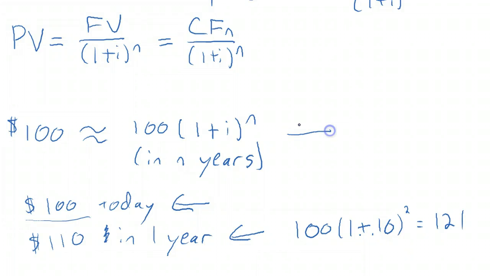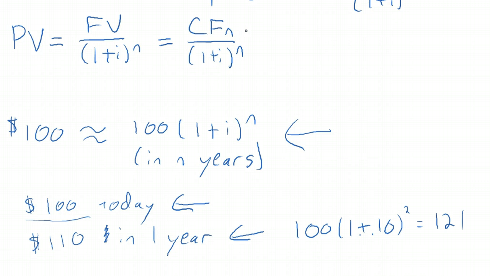Going back to this formula, in general, I am indifferent between $100 today and 100 times 1 plus I dollars in n years. More in general, using the same logic, I am indifferent between receiving the present value of a cash flow today and receiving the cash flow n years in the future.